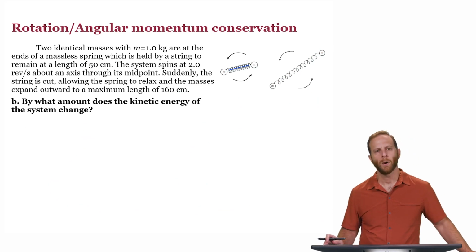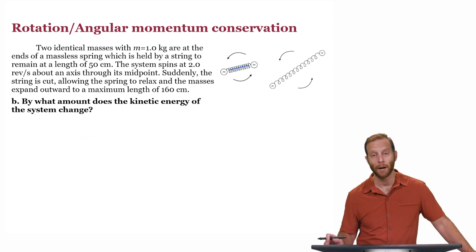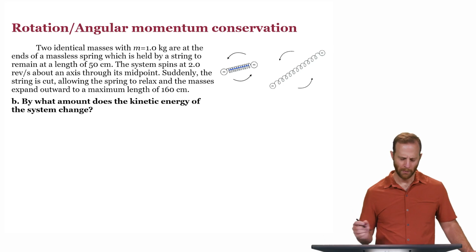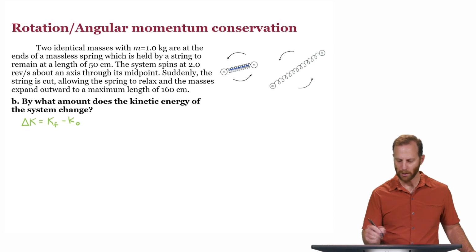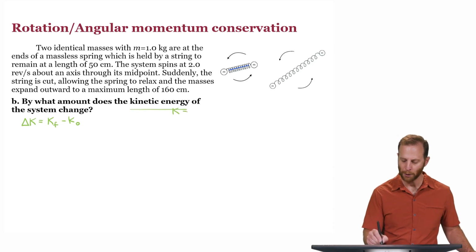Now in part B, we want to know by what amount the kinetic energy of the system changes. So if it does change, we can determine the change in kinetic energy by taking the difference of the final minus the initial. Keeping in mind, the equation for kinetic energy of a rotating object is given by 1/2 its moment of inertia times its angular speed squared.